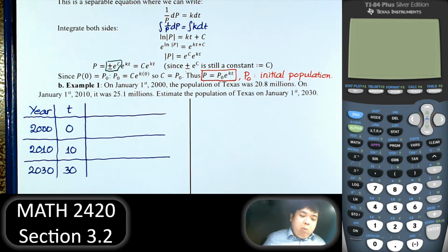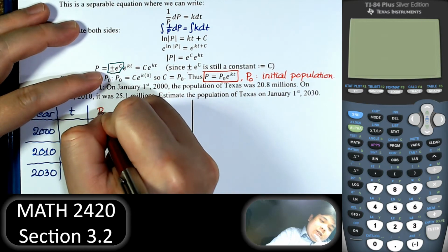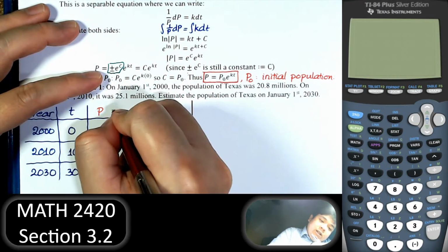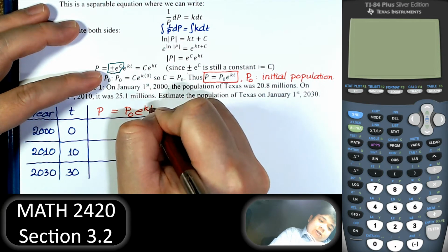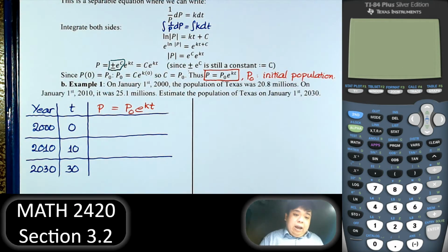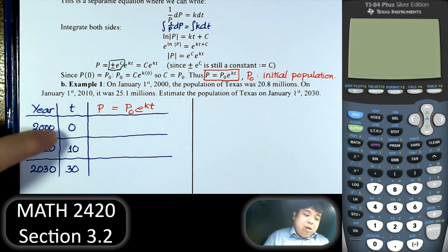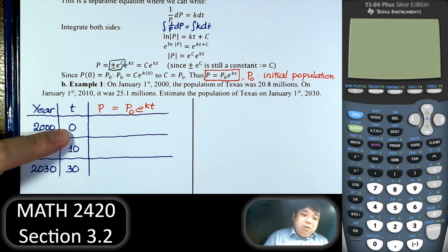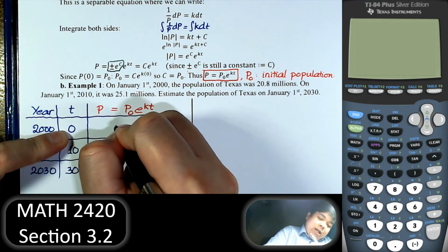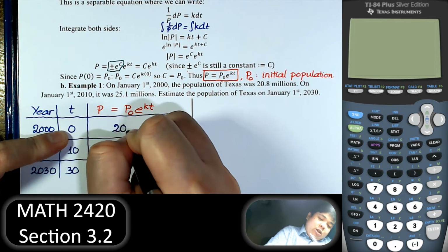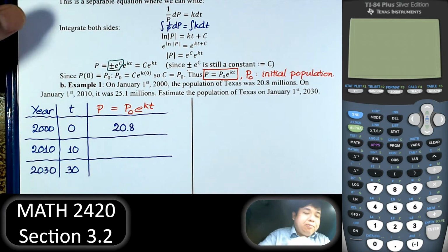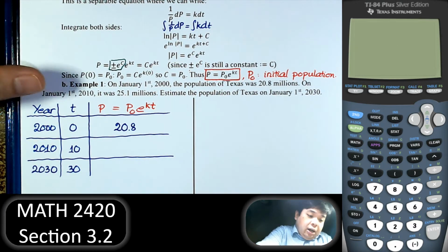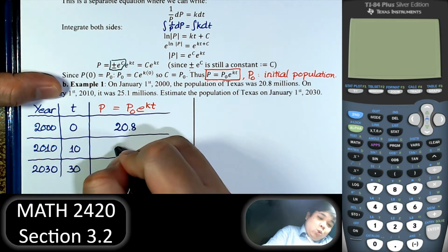Now the population, we know we follow this model. And in 2000, at t of 0, the population is 20.8. I just write 20.8 rather than a bunch of zeros for millions. 2010 is 25.1.